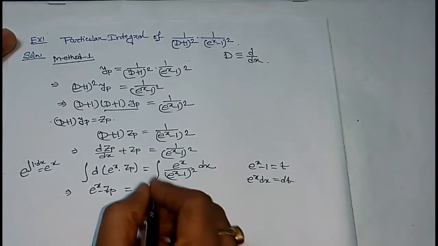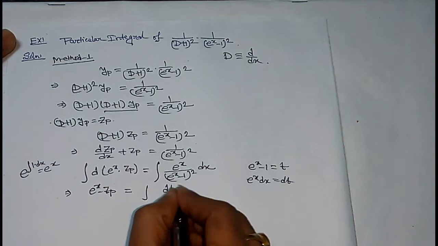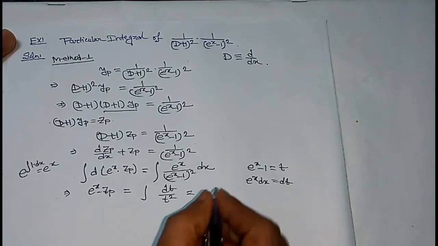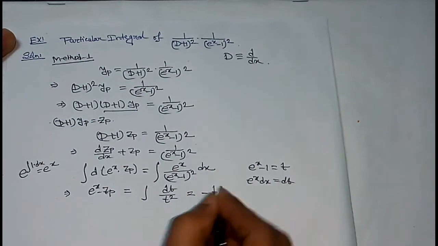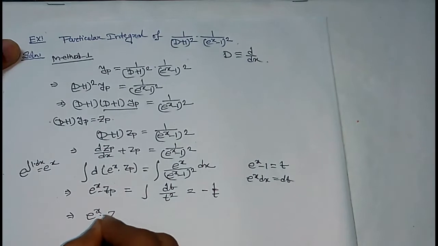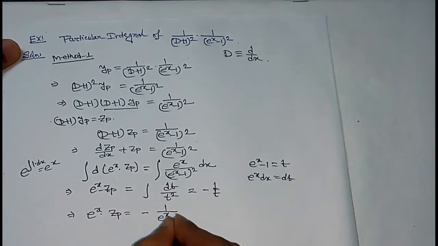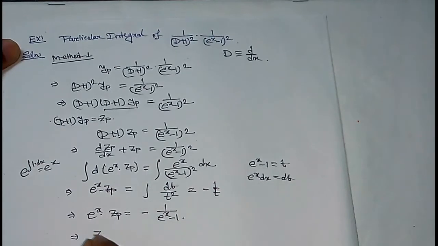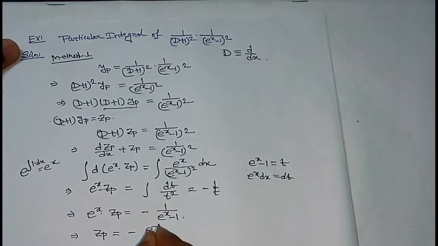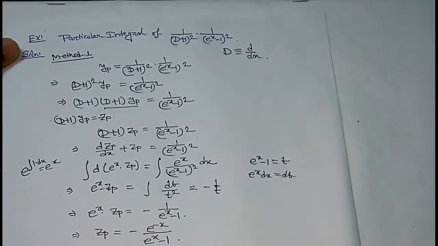Replacing this in the main integral, we find that it is dt by t square, which after the integration becomes minus 1 by t. Hence e to the power x into zp is equal to minus 1 by (e to the power x minus 1). From this we get zp equal to minus e to the power minus x by (e to the power x minus 1).